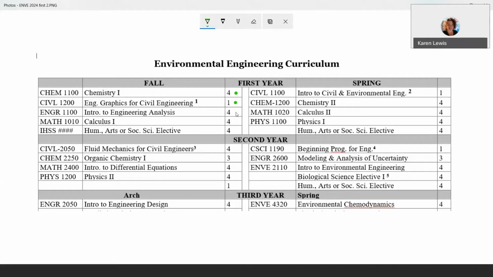Next is Intro to Engineering Analysis, or IEA, as it's referred to on campus. This is the first engineering course that you're going to take at RPI. One thing to note about IEA, even though it's placed in the first semester, it is acceptable to postpone this course until the spring semester. In fact, there is one specific situation where I would actually recommend that you postpone IEA.